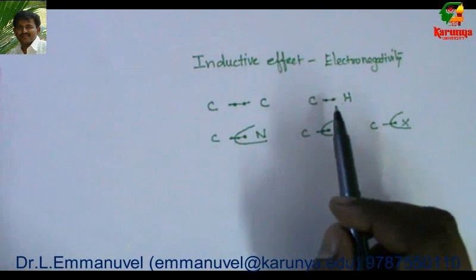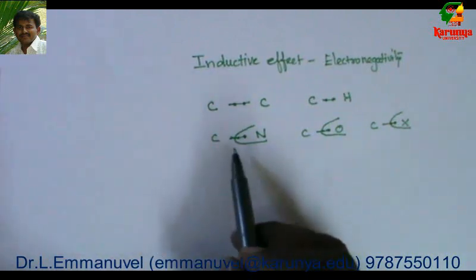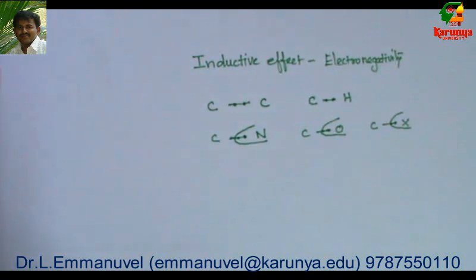and halogen is higher than carbon. But carbon and hydrogen have almost similar electronegativity. So what is that electronegativity? It is nothing but the ability of an atom to pull the electron cloud towards it. It may be in the bond or it may be a lone pair of electrons. So it has the ability to pull that. That is called electronegativity. And this phenomenon is known as the inductive effect.